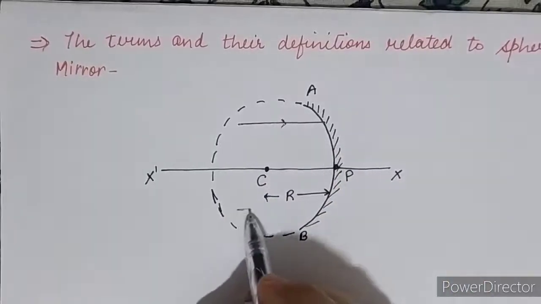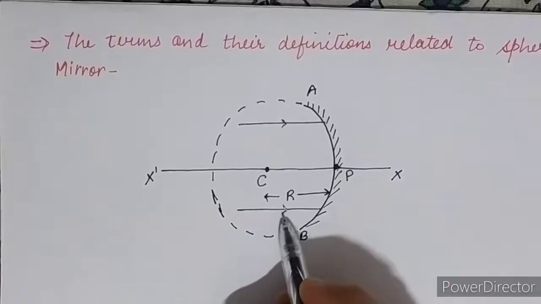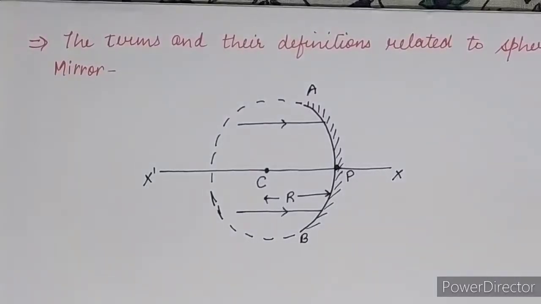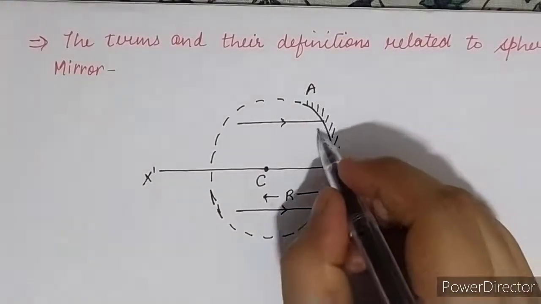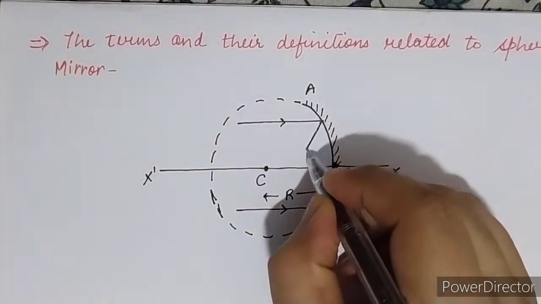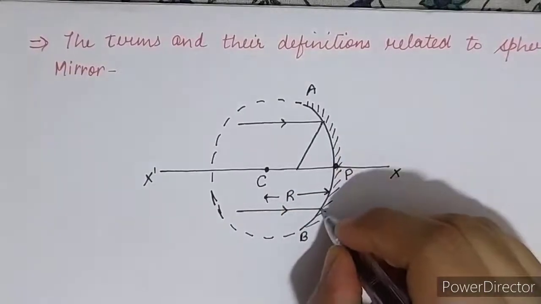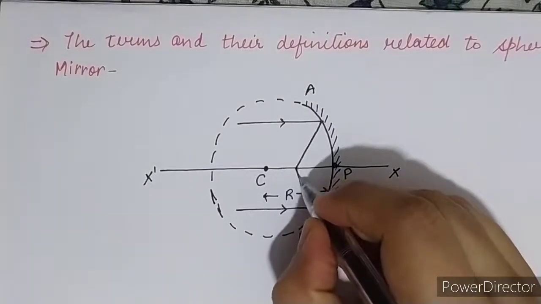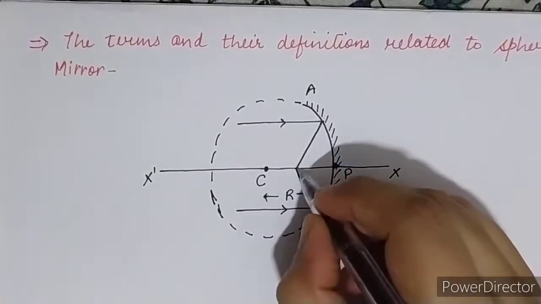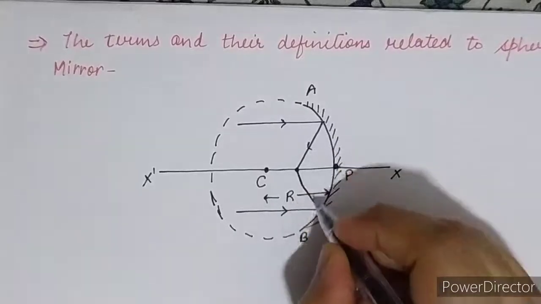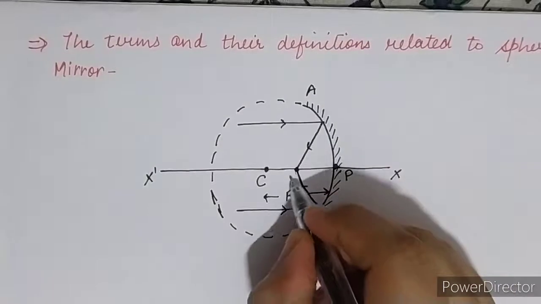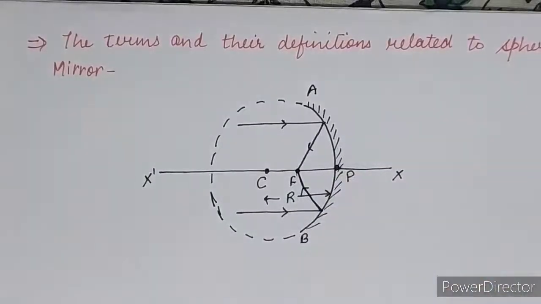Now when the incident rays are parallel to the principal axis, suppose here I am denoting two incident rays, and these two incident rays are parallel to the principal axis X dash. Clear? And after reflection, the point on the principal axis where they meet is known as the focus, the principal focus.